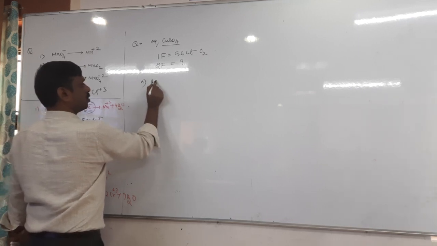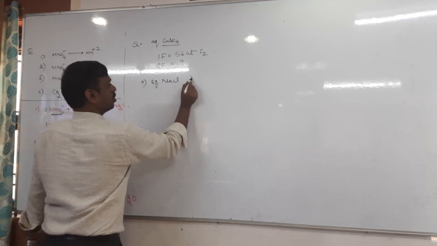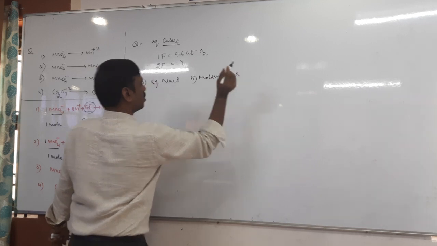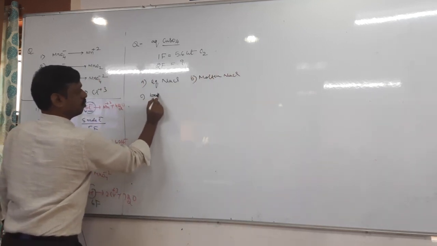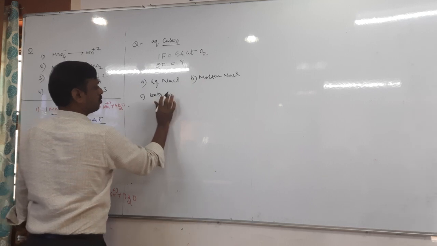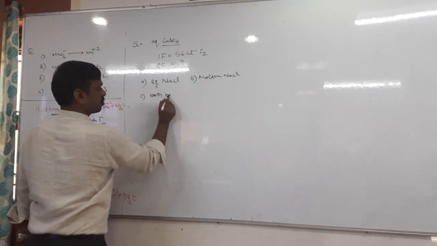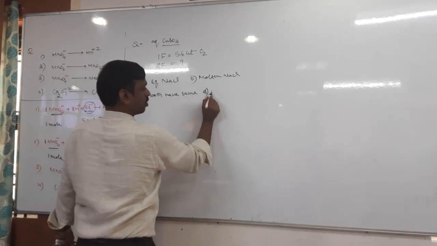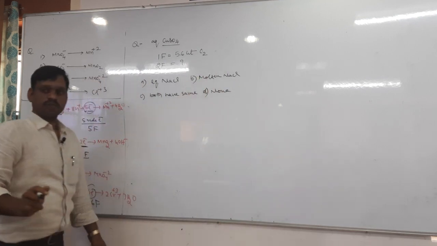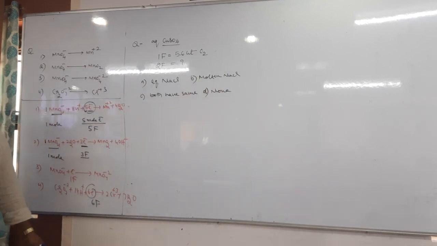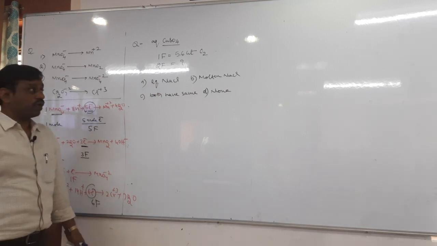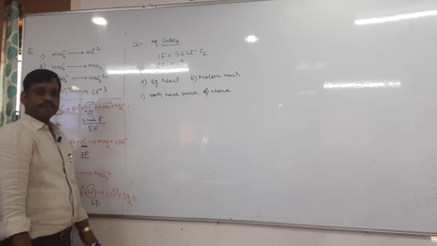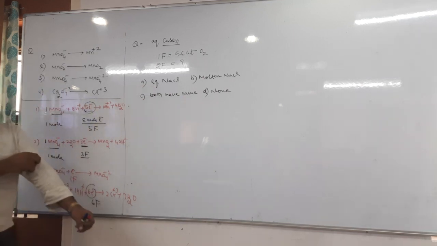Aqueous NaCl, molten NaCl, both are same, or none of the above. Tell me, which of the following has more electrical conductance? Both are sodium chloride only, but one is aqueous, another one is molten.